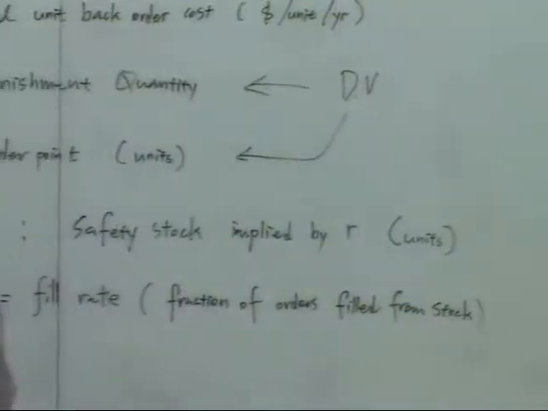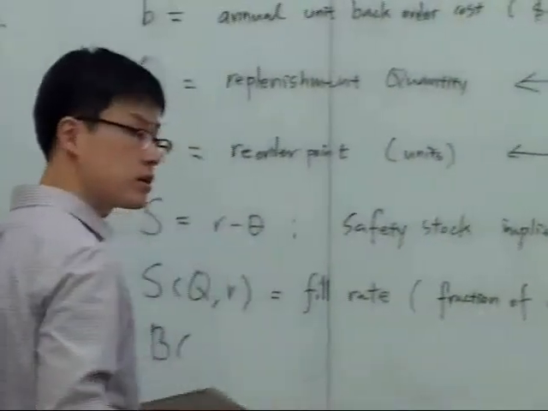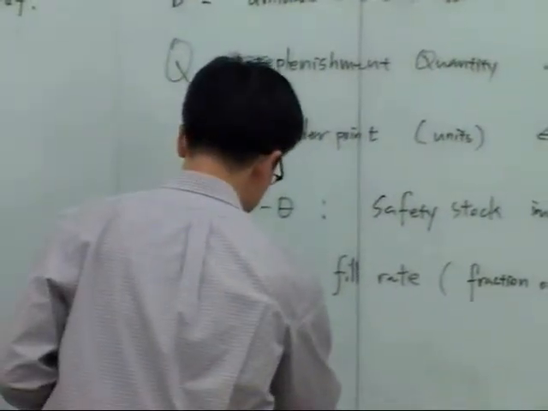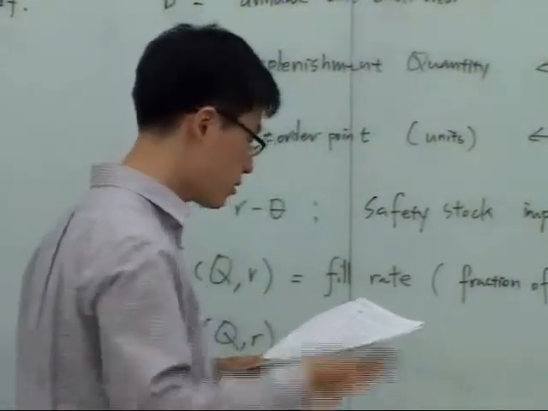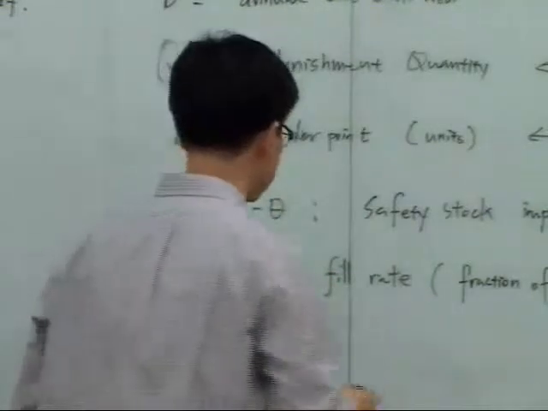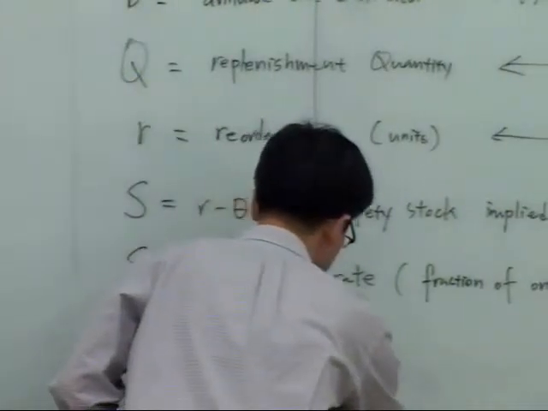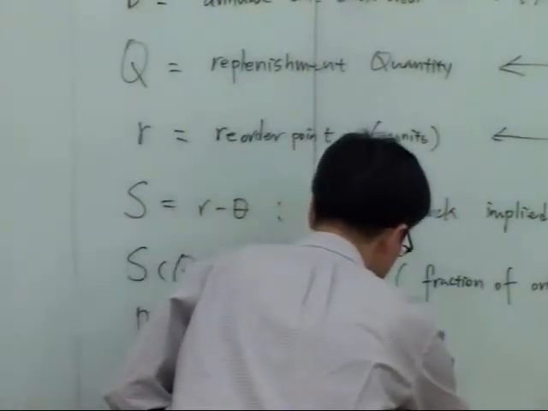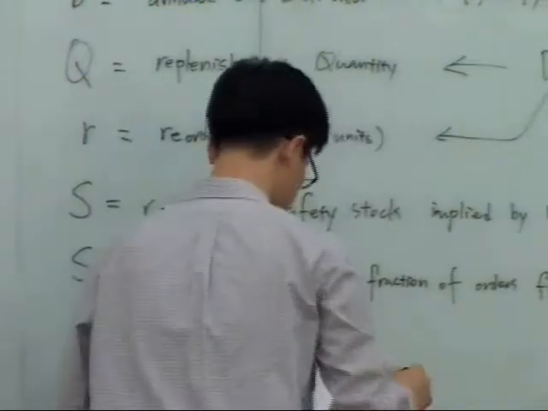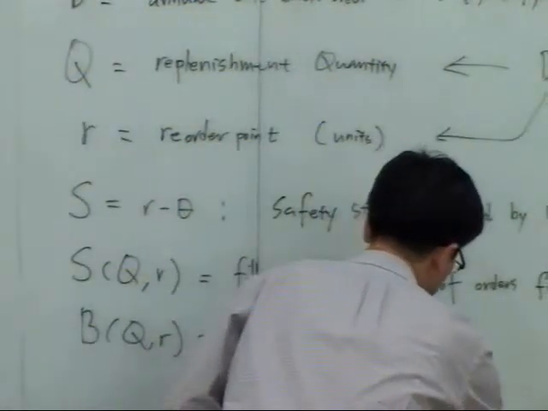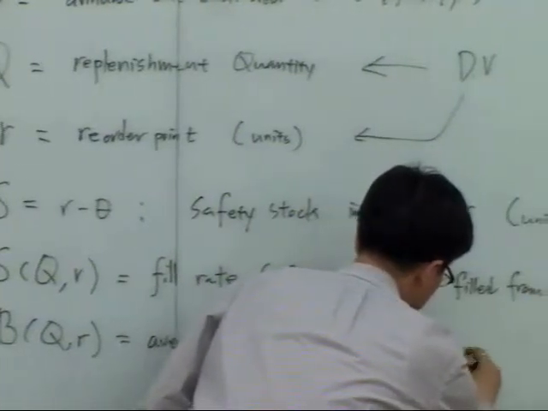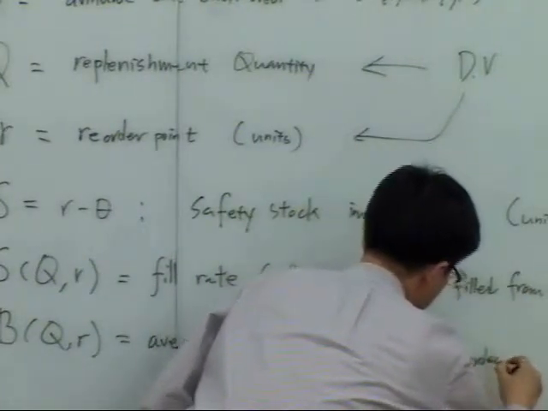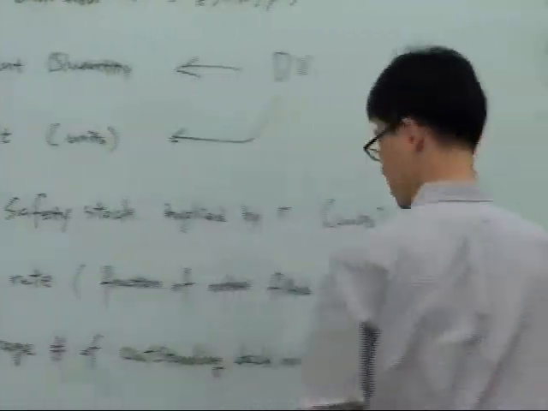And we need the same b, but in this case a function of Q and R. This b is the average number of outstanding backorders, same as in the base stock model.